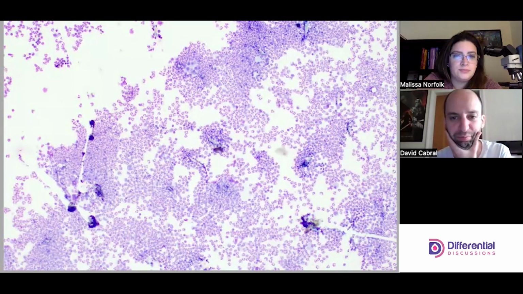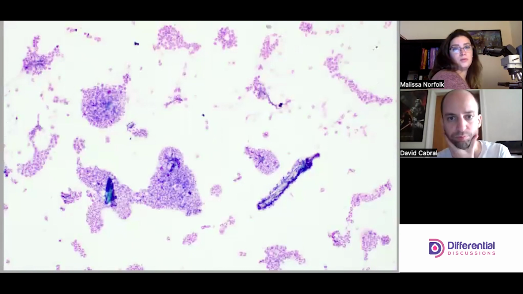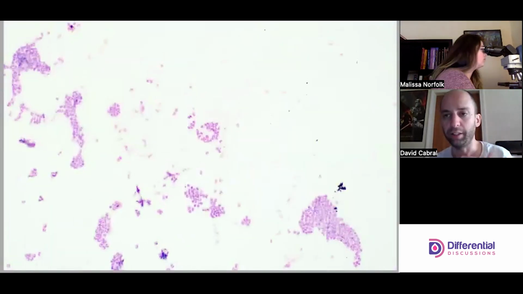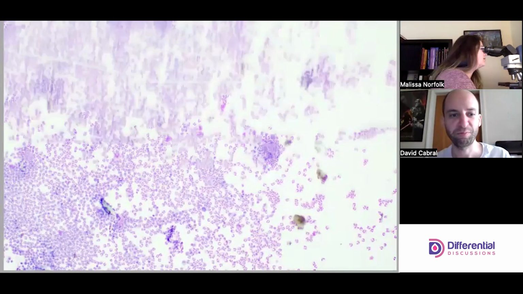But yeah, so 10x. What do we see here? Looks like a lot of cells. Lots and lots. So we'll just scan around on 10x. Being a different preparation, there's no thick or thin area necessarily, and certainly some fluids will be pretty thick, with high cellularity.